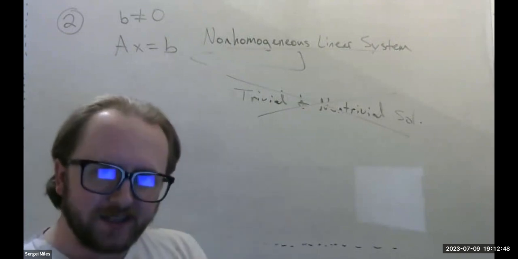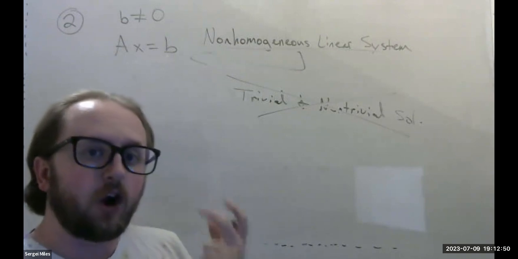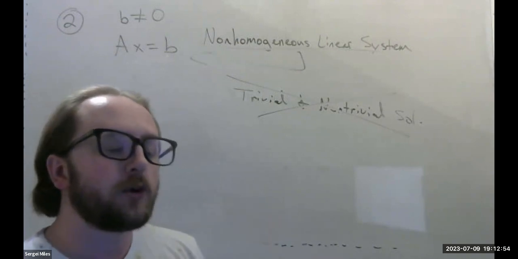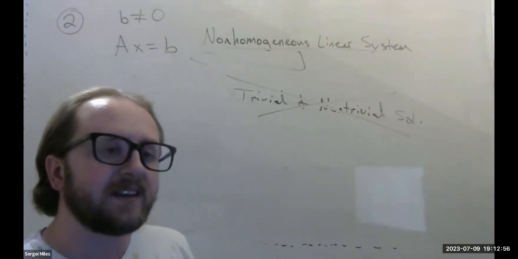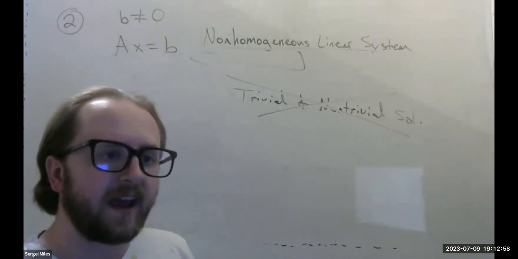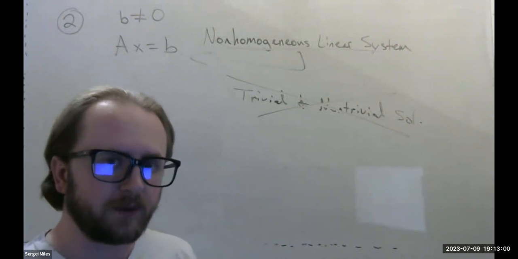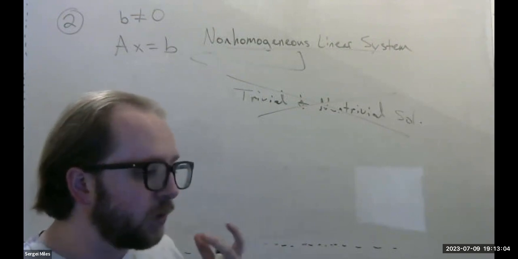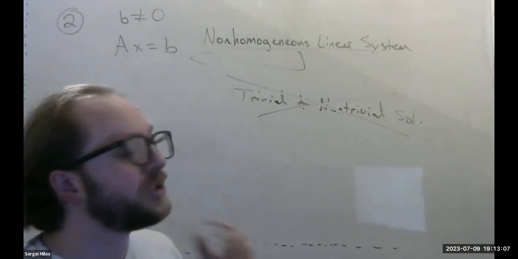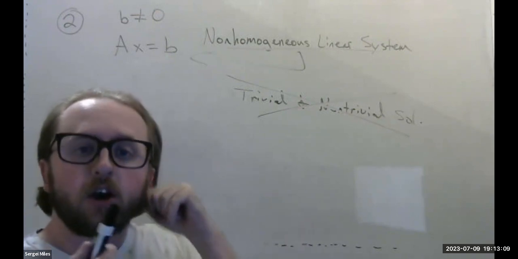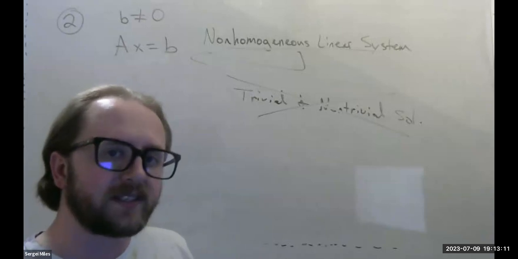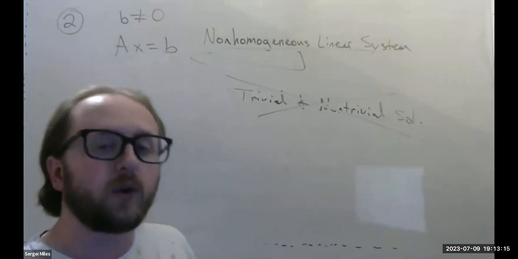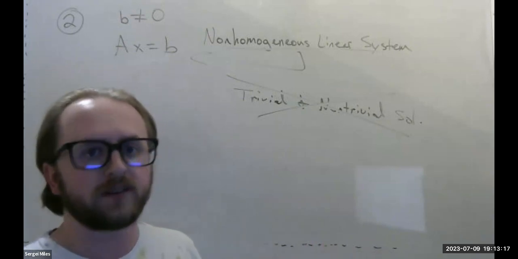But for a homogeneous system, we said it always had the trivial solution, which means for homogeneous systems, it is impossible to have no solution, right? So that's one key difference between non-homogeneous and homogeneous. Homogeneous systems will always have a solution. Namely, the trivial solution is always at least one solution for it.